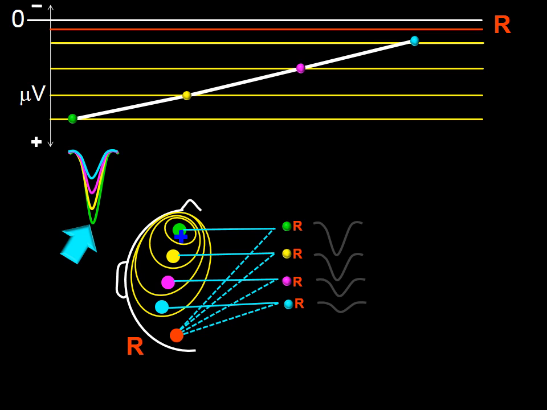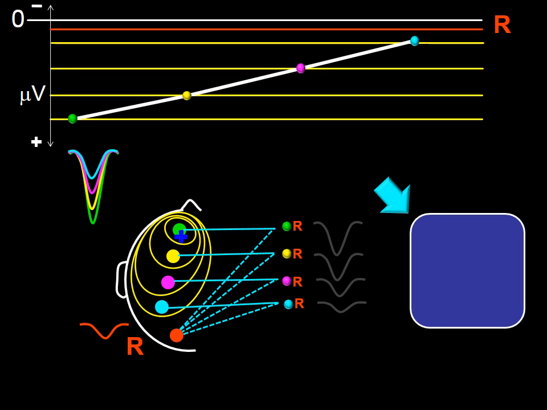As you can see, the green wave is the largest. And the reference wave is the smallest. This is so by virtue of their distance from the zero line. Now I will introduce a blue box to explain what happens within the differential amplifier. This blue box is there to show you what happens in each amplifier, as I previously told you.